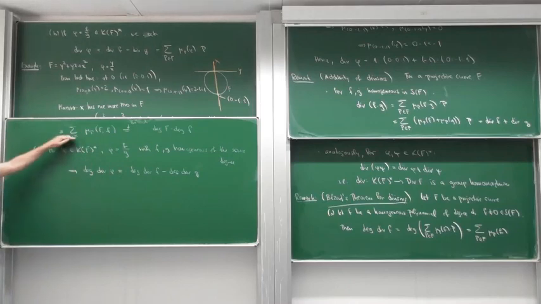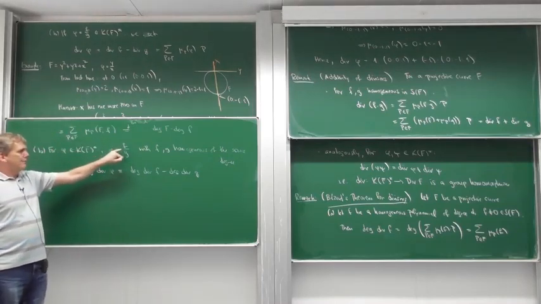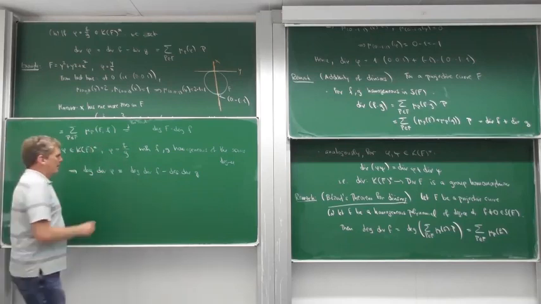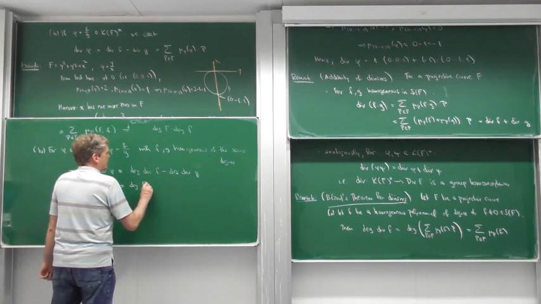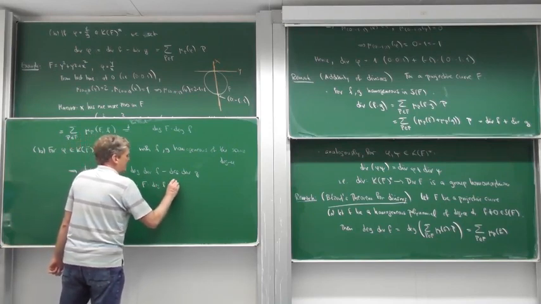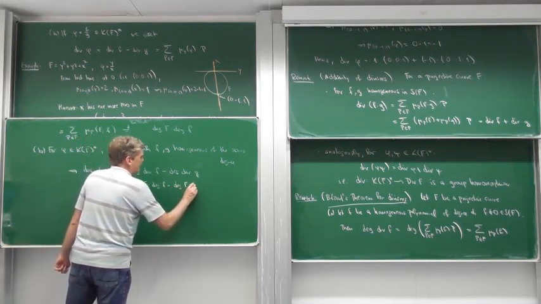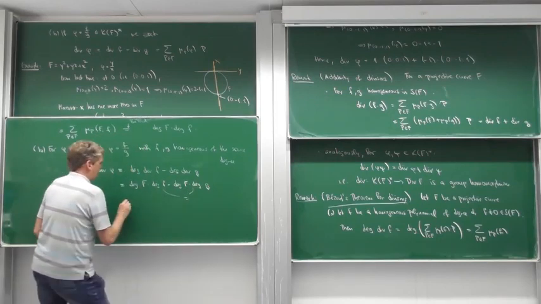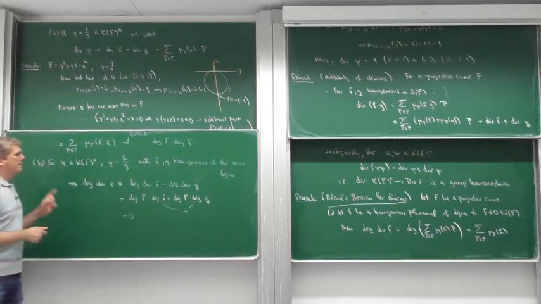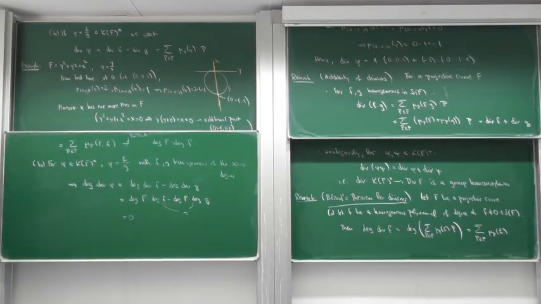And both of them by part A give the degree of F times the degree of little f or little g, but that's the same. So we get just 0 here. Degree of F times degree of f minus degree of F times degree of g, and as those numbers are the same, we just get 0. So that means a divisor of a rational function always has degree 0, right?